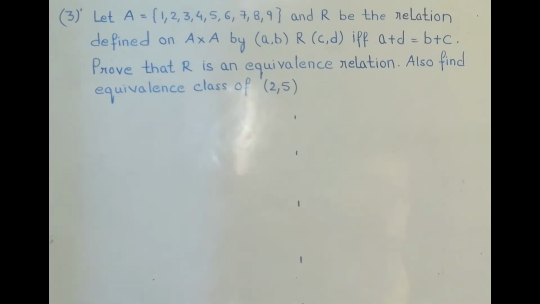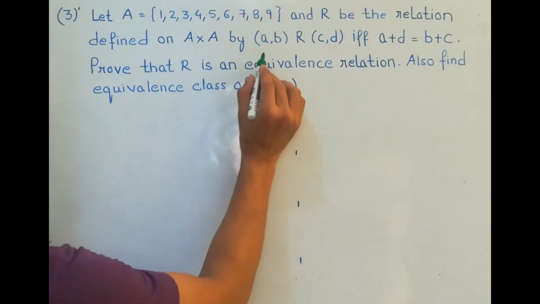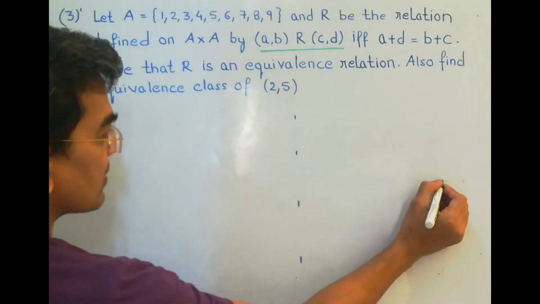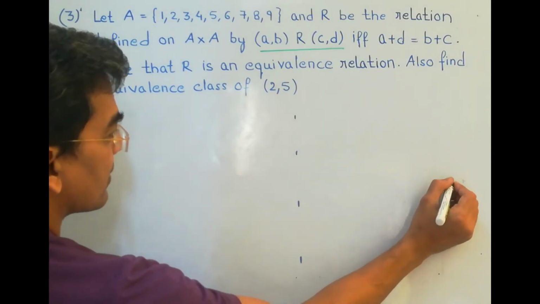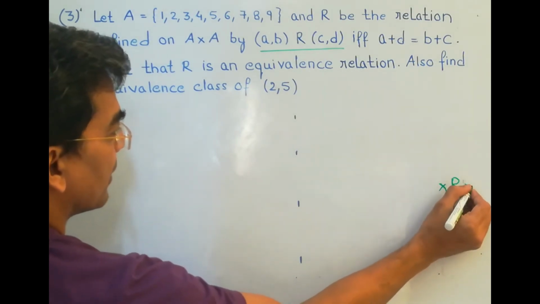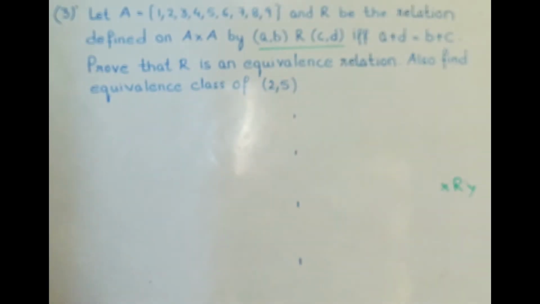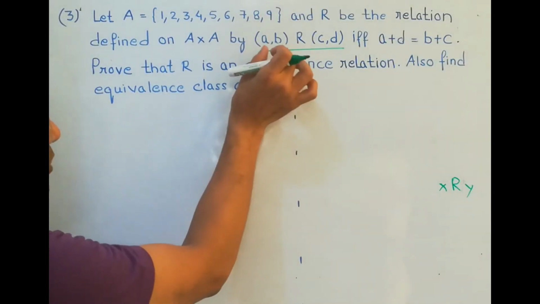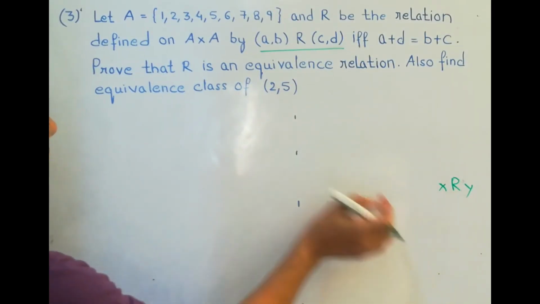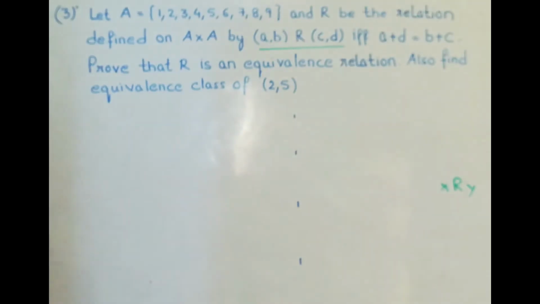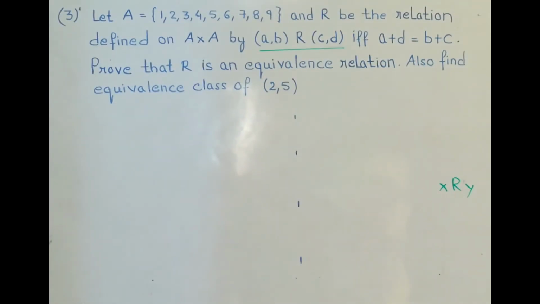Now in this one, this relation can be considered like this: x related to y. This is your x and this is your y. Instead of taking a single element x and y, they have taken the element as an ordered pair.